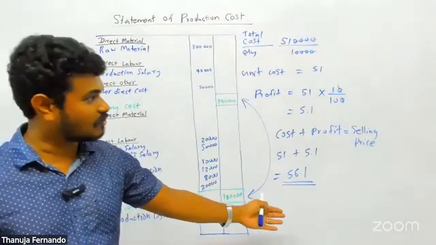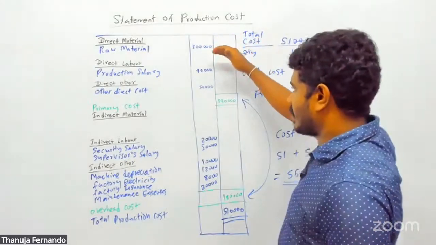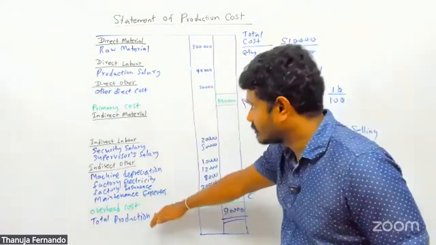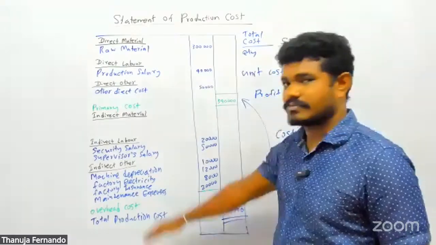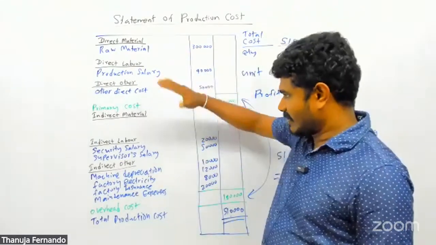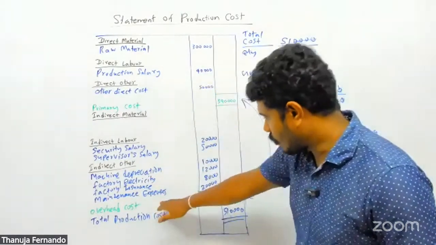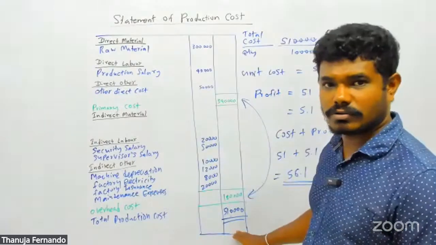Not commerce. This is not commerce. This is maths, right? Very easy, right? First of all, we identify all the costs. Then we record all these here. Then we calculate the primary cost, then the overhead cost, then get the total cost.